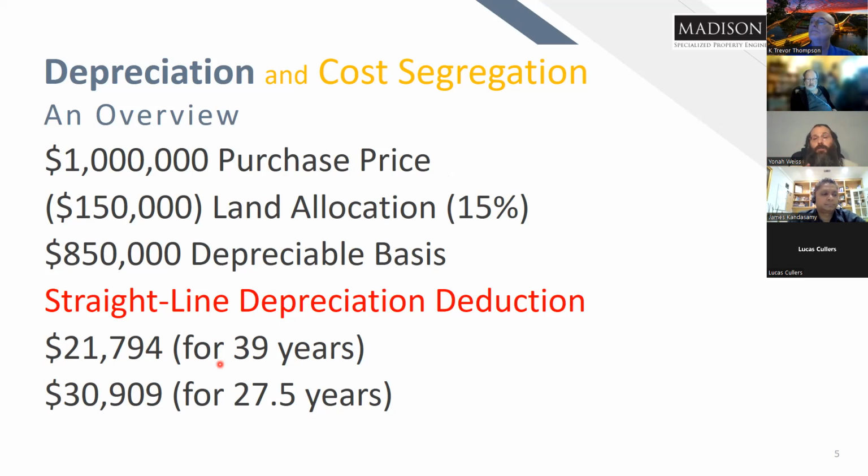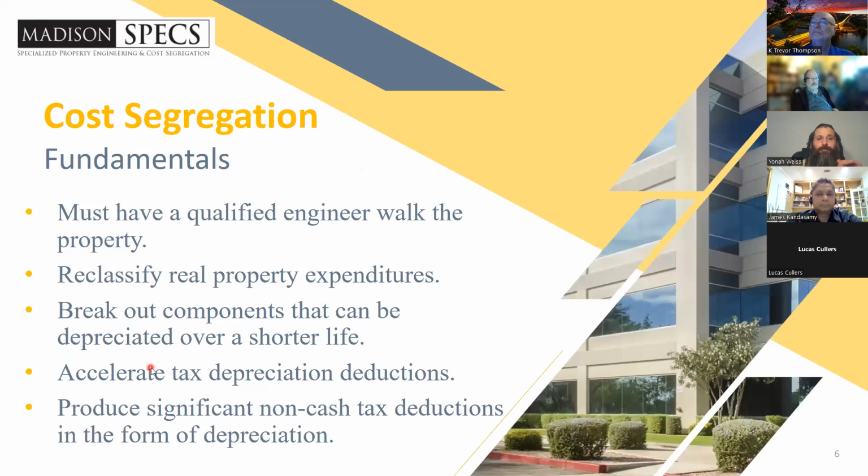However, with cost segregation, by front loading, we'll get into the numbers shortly, we're able to, in the first 5 years, typically double or triple that $30,000 deduction so that you will have literally no tax liability left during those earlier years.